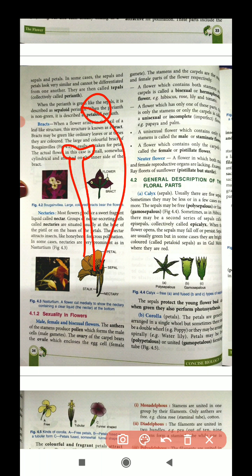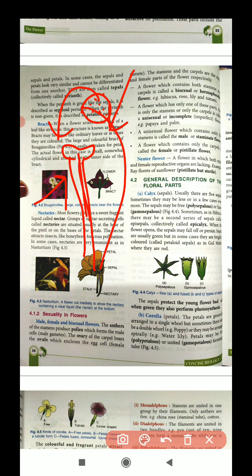So this is the anther, and in the anther there are pollen grains. That pollen grain will fall on the stigma of the female. A complete flower contains both male and female parts in itself, for example China rose, I told you. So here it goes from the anther to the stigma of the female part.